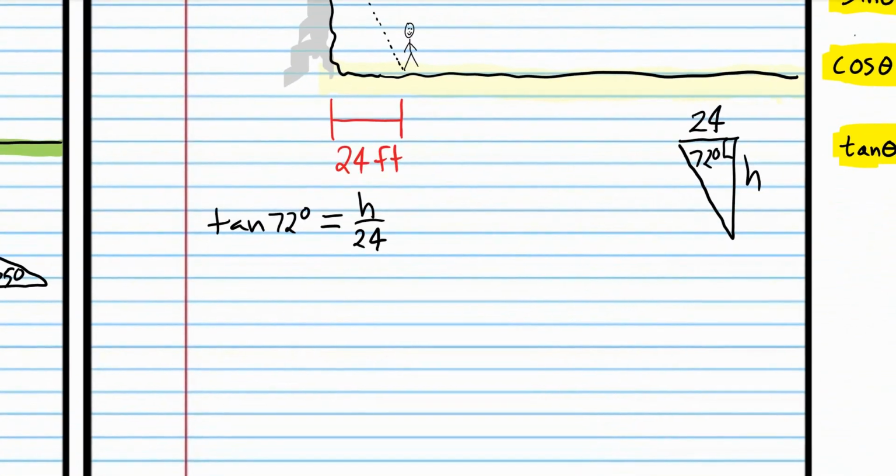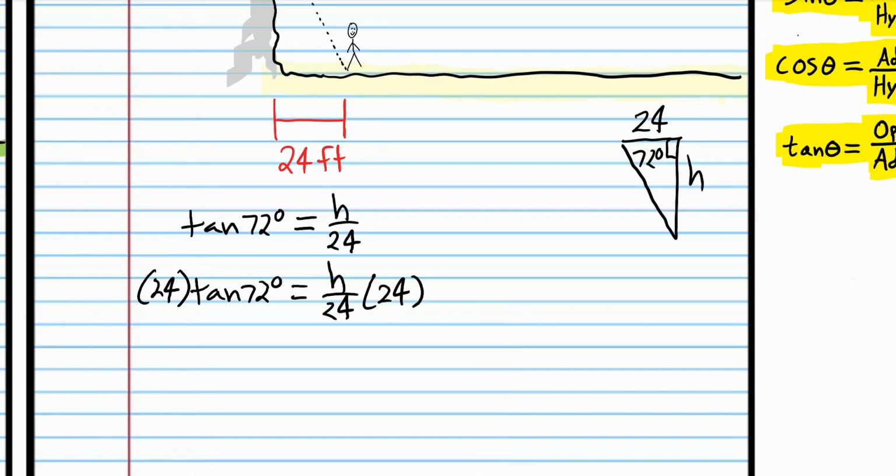And we're just going to multiply both sides by 24. This problem is a little easier. That cancels out the 24s, so we have h is equal to 24 tangent 72 degrees.